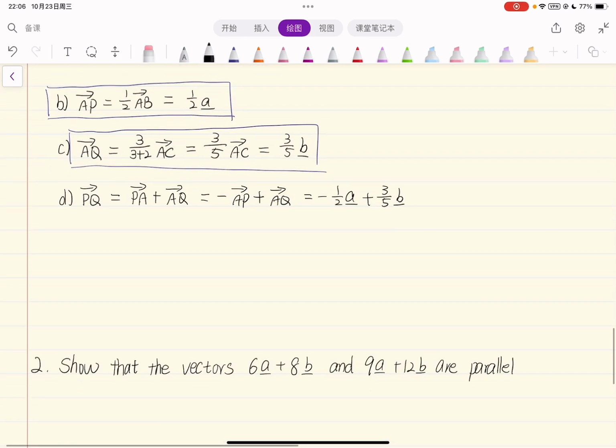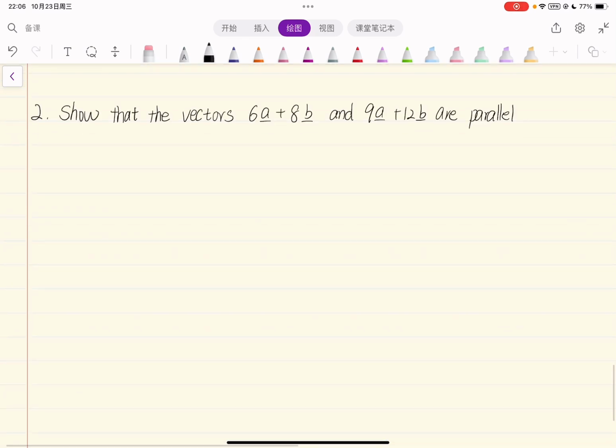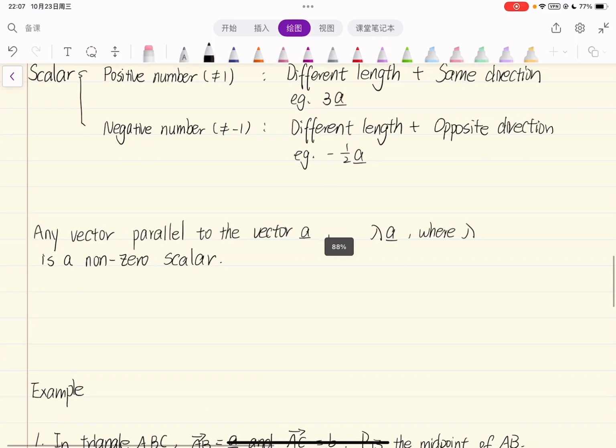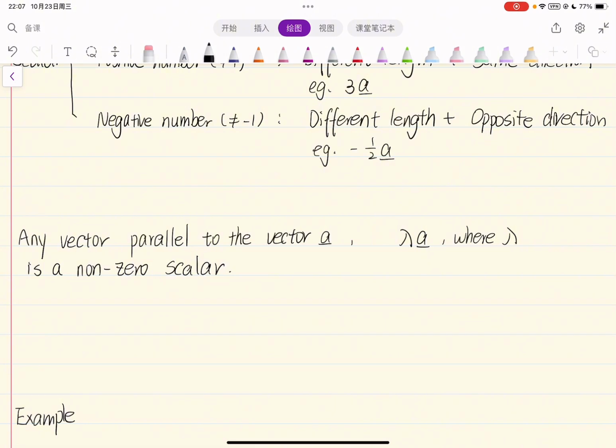Now let's move on to the second question. It asks you to show that the vectors 6a plus 8b and 9a plus 12b are parallel. We know that any vector parallel to the vector A can be written as lambda A, where lambda is a non-zero scalar.